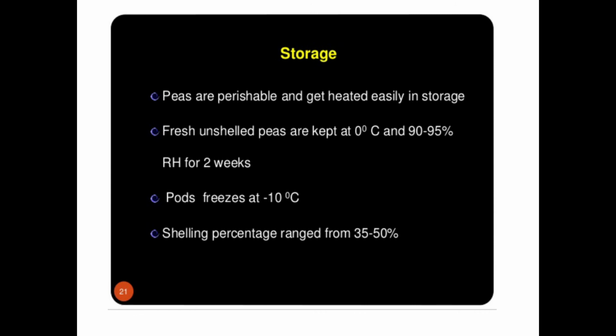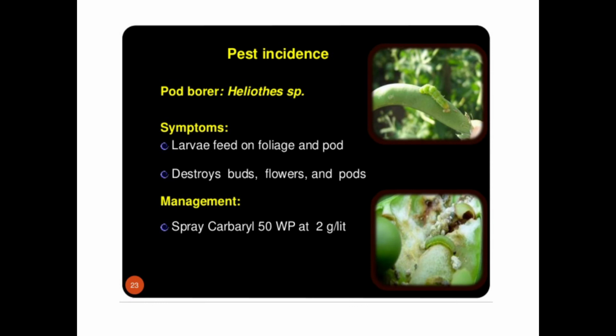Fresh unshelled peas can be stored for 2 weeks at 0 degrees Celsius and 90 to 95% relative humidity. Pod freezes at minus 1 degree Celsius. Shelling percentage ranges from 35 to 50%.